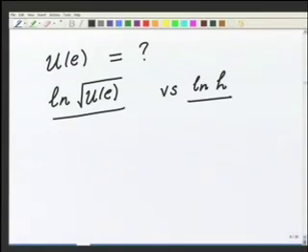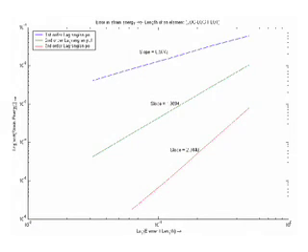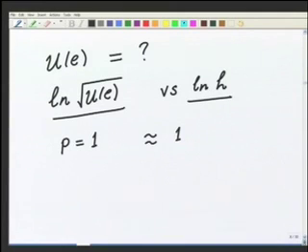From the plot you see that the first line, which is the blue line, corresponds to the p equal to 1 approximation, and you see that the error decays. This log of the square root of the strain energy of the error decays with a slope of 1. So slope is approximately 1. It's 0.9743, but it's approximately 1.